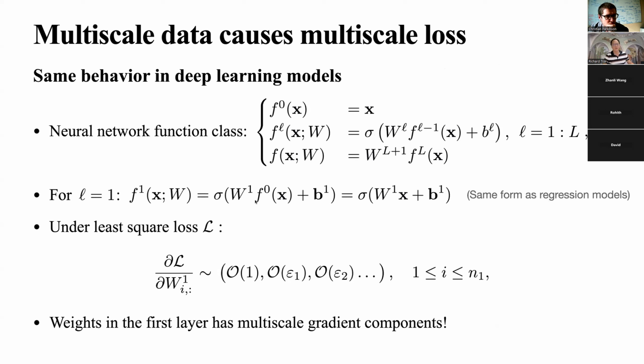And for deep neural networks, it's the same. Same is an overstatement, because what we can say is that the gradient of the loss function with respect to the weights in the matrix connecting the input layer to the first hidden layer has this multi-scale structure.